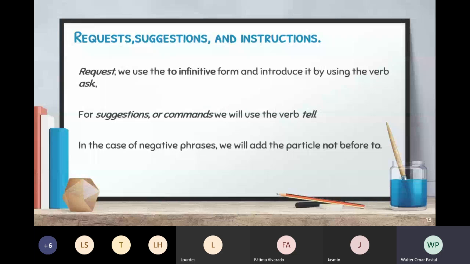And last one, in the case of negative phrases, we will add the particle not before to. If you are taking grammar B2, we recently checked this. So this should not be a strange topic to you. But let's see it in context.